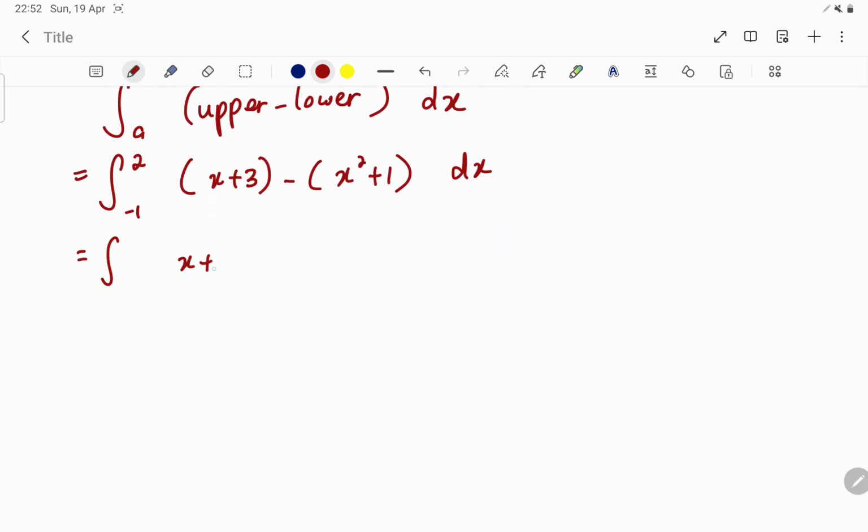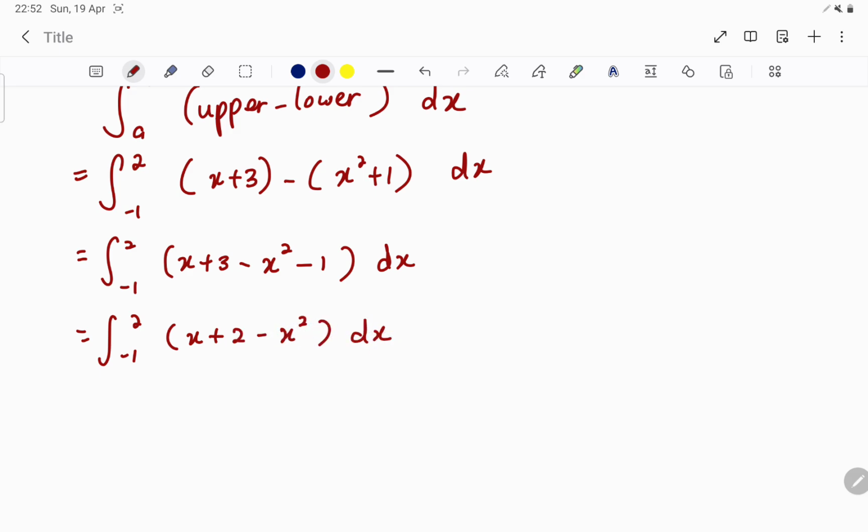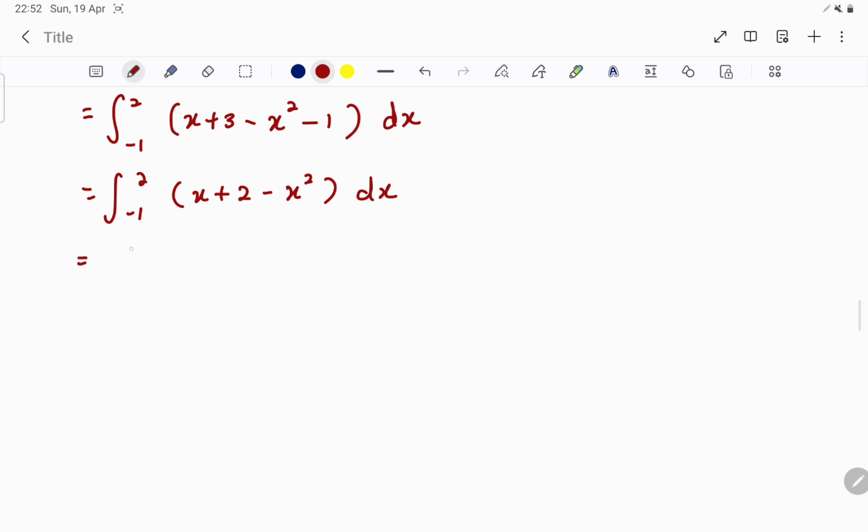Okay, you integrate x plus 3 minus x squared minus 1, after we expand, and then here negative 1, 2. Now, to make it easier, you solve it properly. x plus 3 minus 1, you're going to get plus 2 minus x squared dx. So from here, you can integrate 1 by 1.